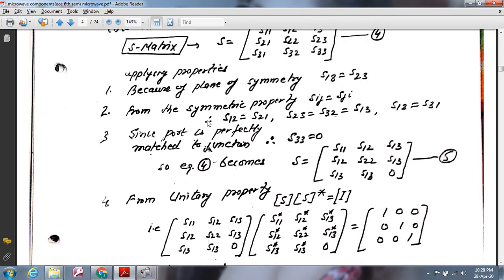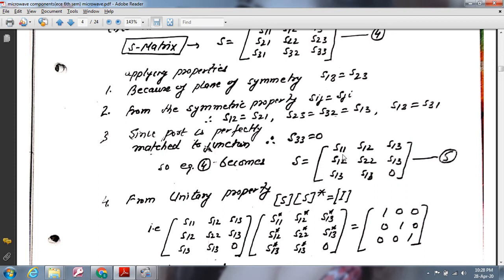So in equation 4, by applying all these properties, property 1, 2, 3, the matrix becomes S11, S12, S13, S12, S22, S13, S13, S13, 0. This is 0 because the third port is a perfectly matched port.